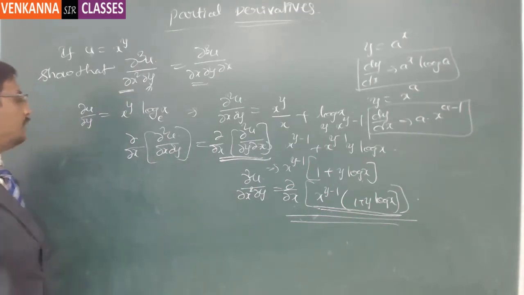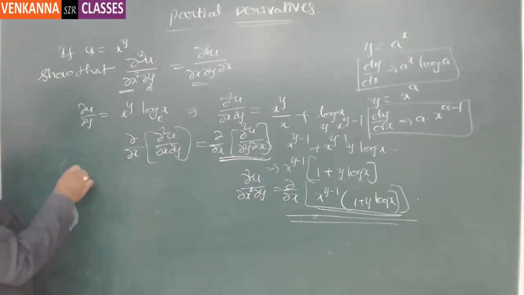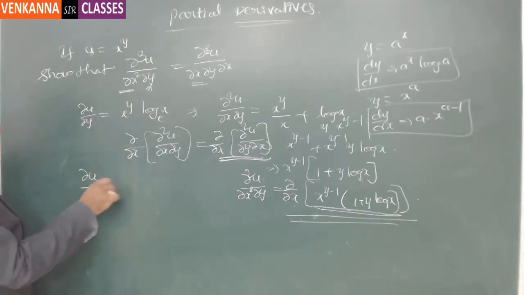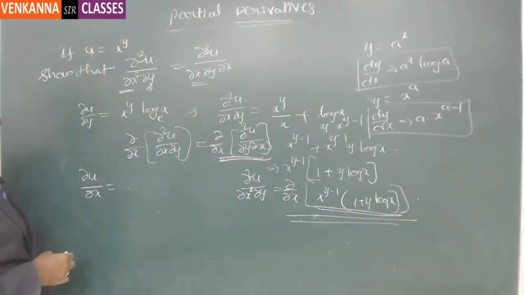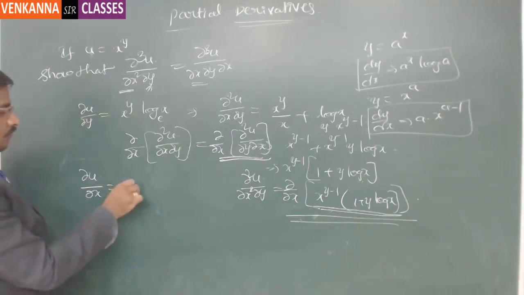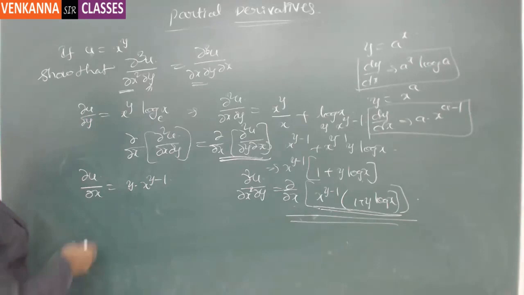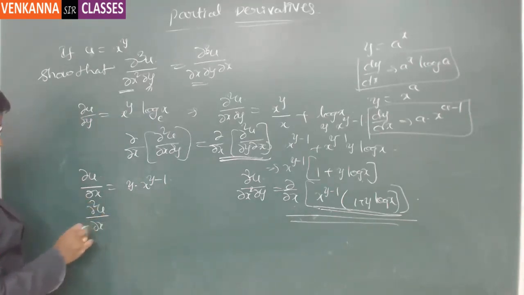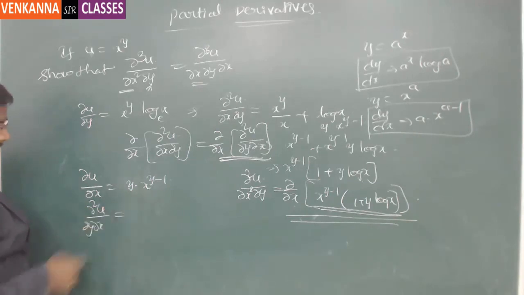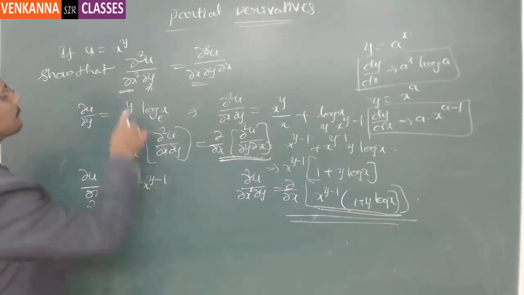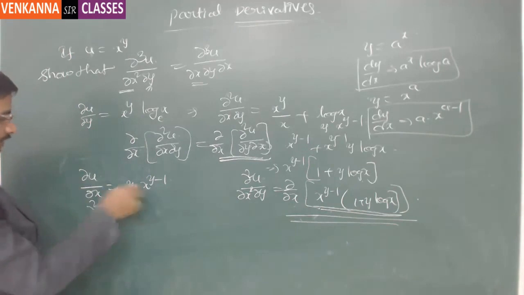So then dou by dou x, dou u by dou x is equal to y into x power y minus 1, the derivative of this with respect to x. Then dou square u by dou x dou y, so this will be doing the derivative with respect to y.